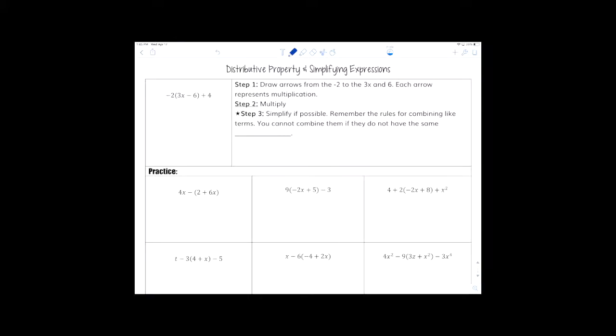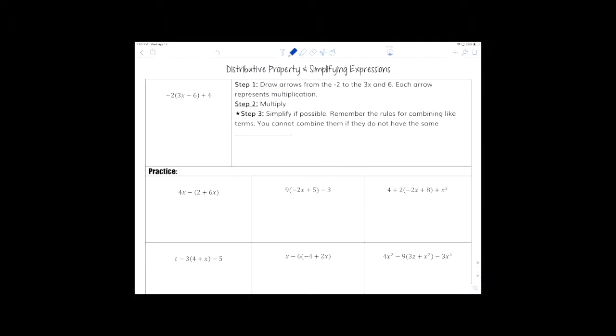So if I get a problem like this, I have to remove my parentheses. So I'm going to have to distribute first, and then I'm going to simplify if possible. Remember the rules for combining like terms.